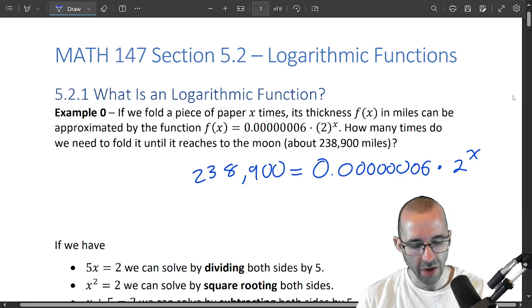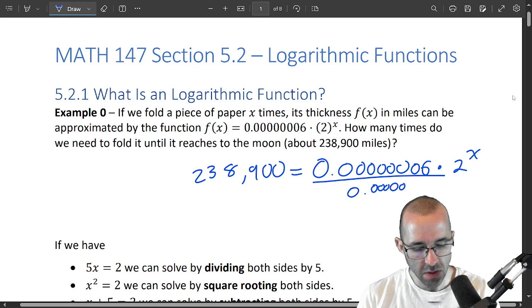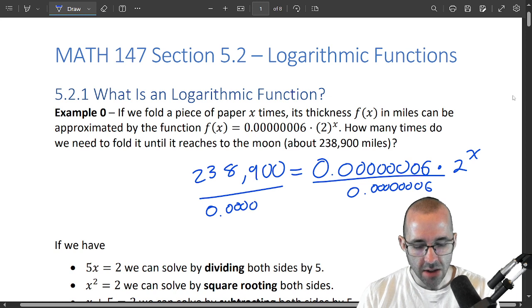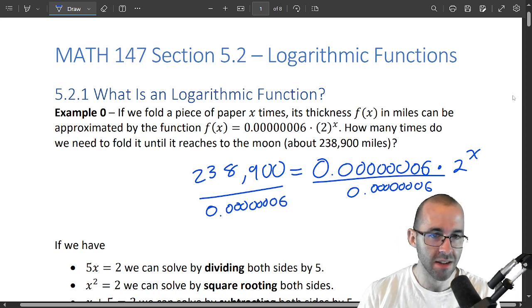Like, we can get part of the way, right? We can divide both sides by 0.0000006.